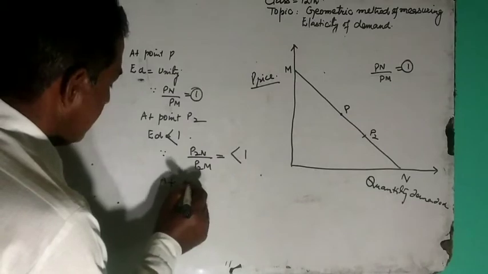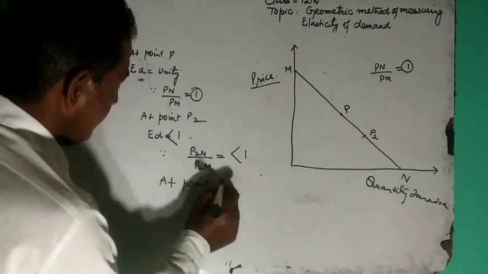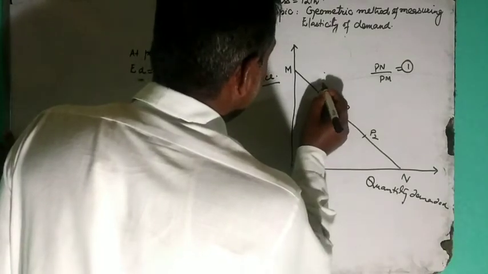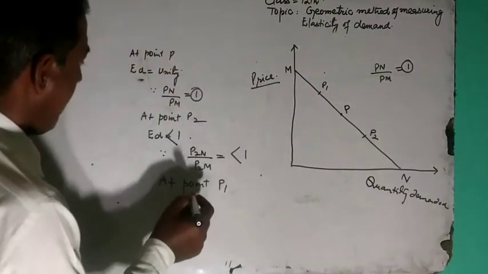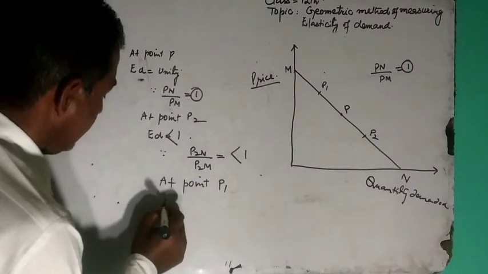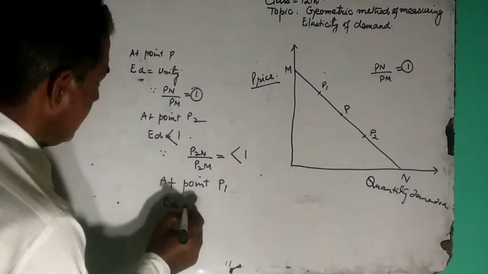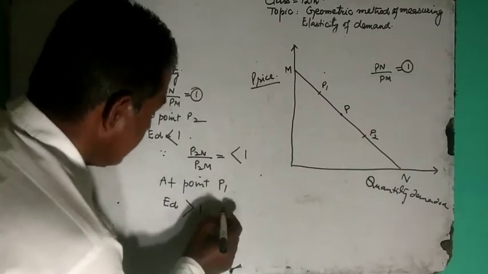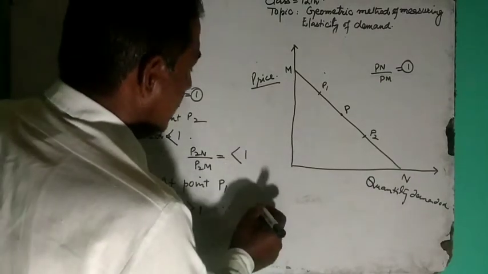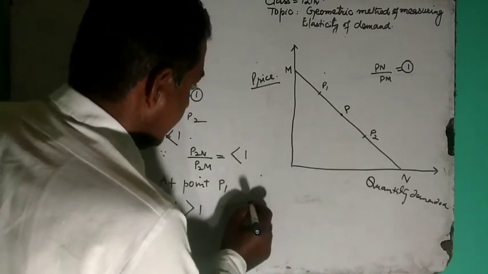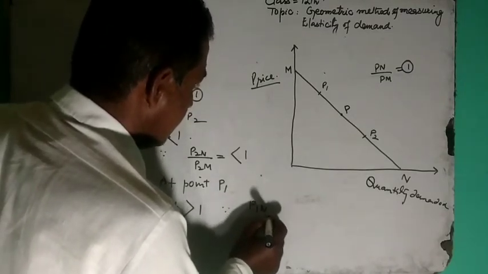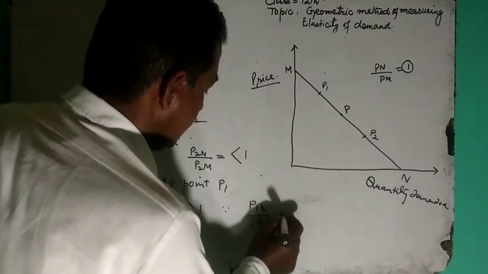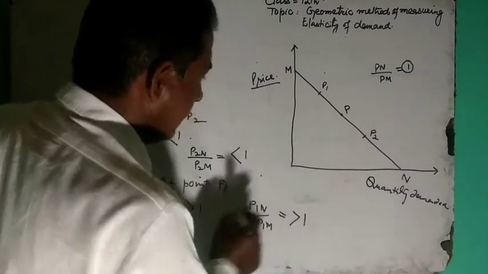At point P1, elasticity of demand is greater than unity, because P1N divided by P1M is greater than 1.